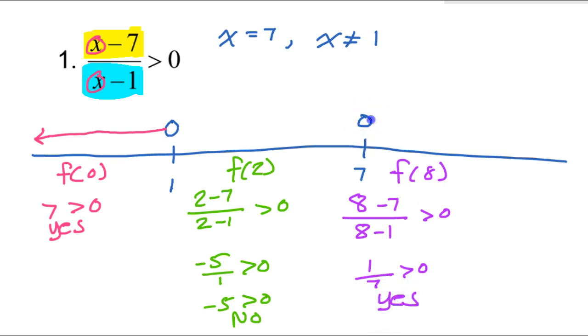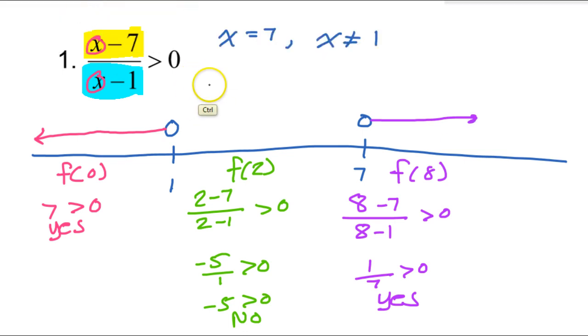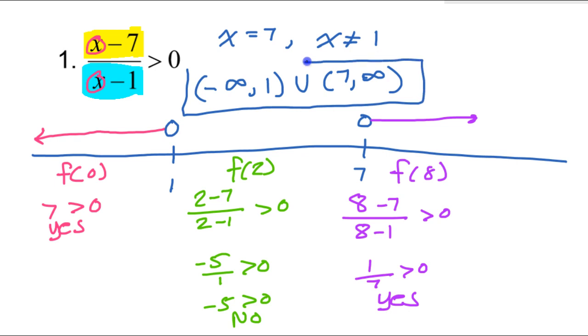So that means I do have solutions in this interval. So in interval notation, my final answer would be negative infinity to 1 with parentheses, open circles, you see, and then 7 to infinity. So this should be the answer in interval notation for number 1.